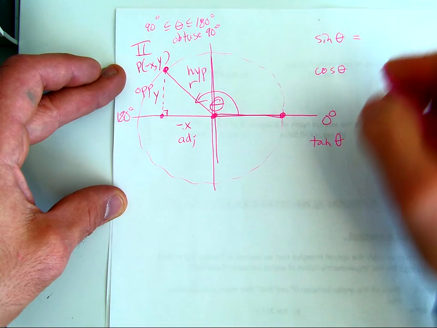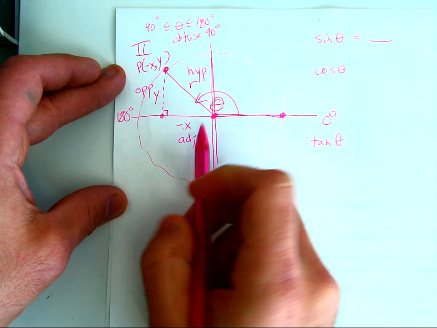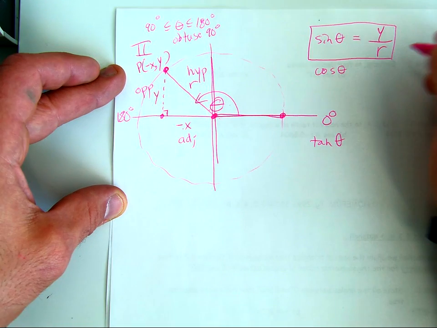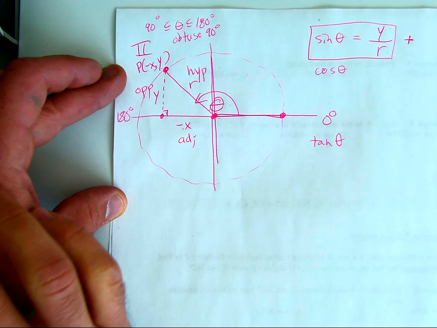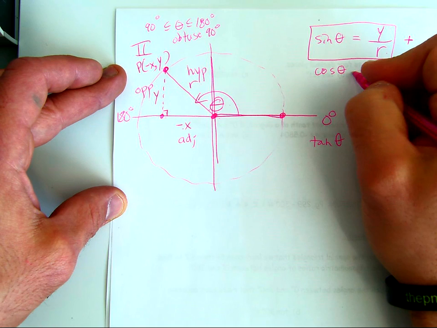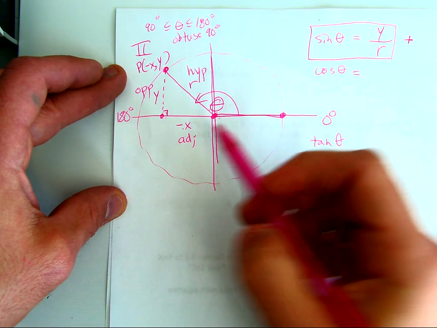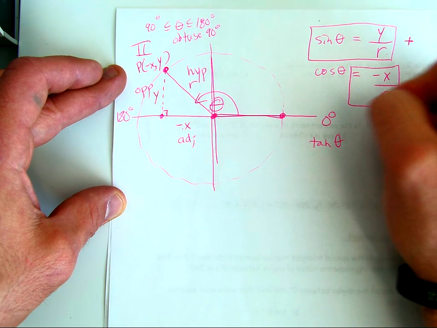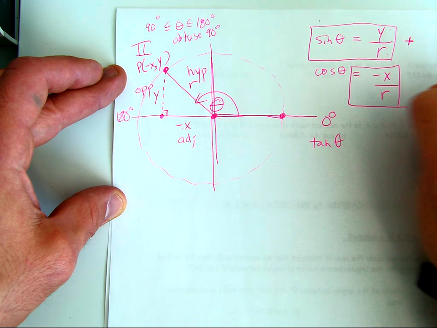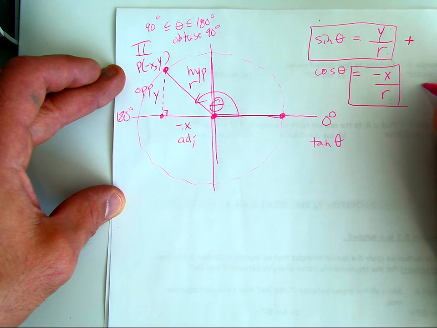So sine is y over r. And we know y is positive, so is r, so this is positive. Your cos is adjacent over hypotenuse, and adjacent in this case is a negative x all over r. So we know cos in quadrant 2 is negative x over r. Now a negative divided by a positive will make cos negative in quadrant 2.